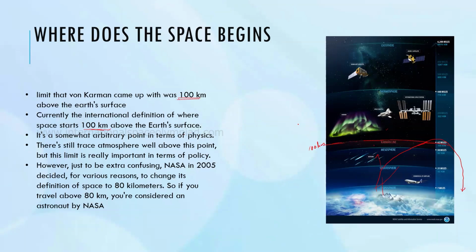Now you can see this is the Karman line, and the space shuttle is at something around 320, or somewhere between 300 and 400 and 700. The International Space Station is here, and many satellites are at this height.